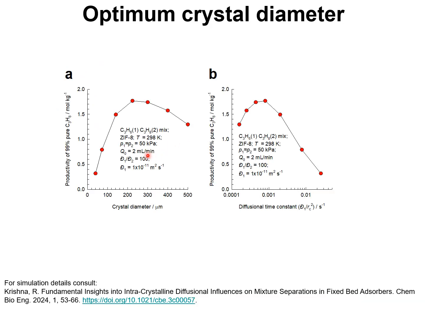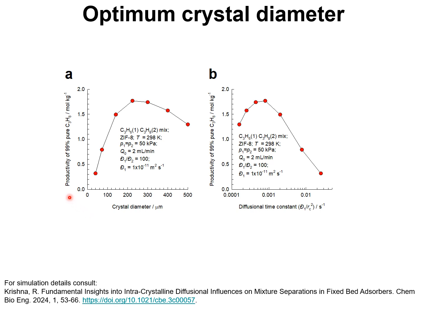Having established the accuracy of the Maxwell-Stefan diffusion formulation for modeling of kinetic separations of propene-propane mixtures using ZIF8, we can proceed to examine carefully if there is an optimum crystal size that would yield the best separation in the adsorption cycle.